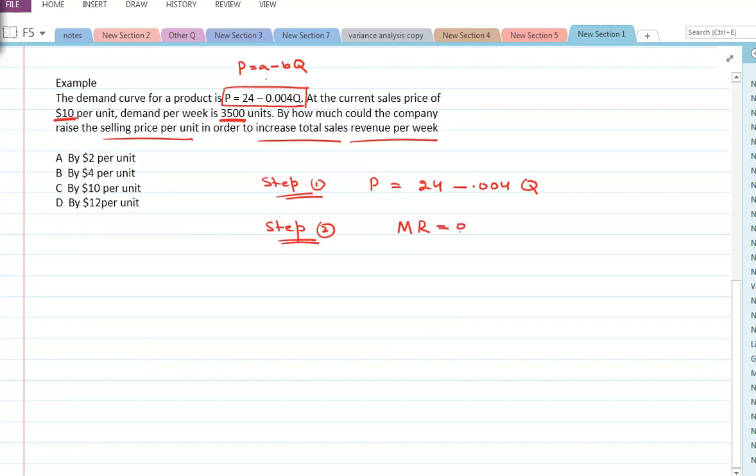We know that the equation for the marginal revenue is A minus 2BQ. So A minus 2BQ is equal to 0. A is 24, so 24 minus 2 multiplied by B, which is 0.004, Q. Now we are going to find the value of Q.